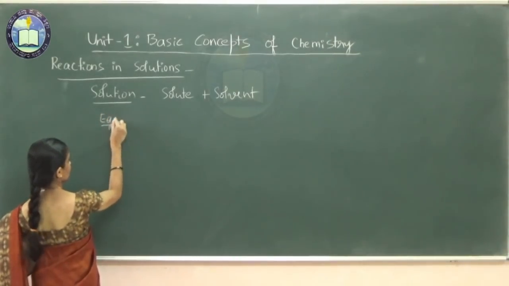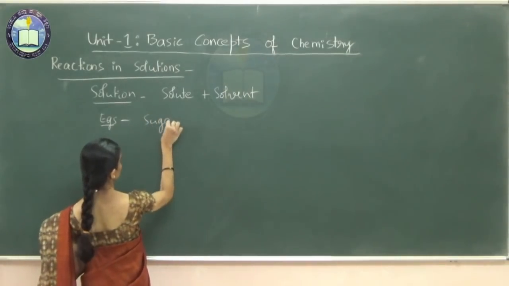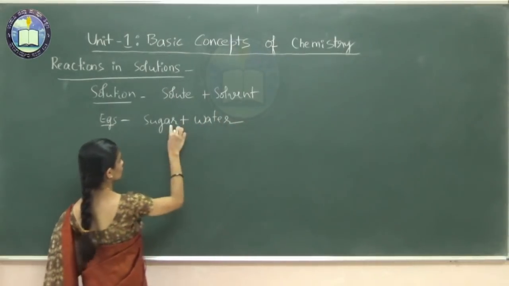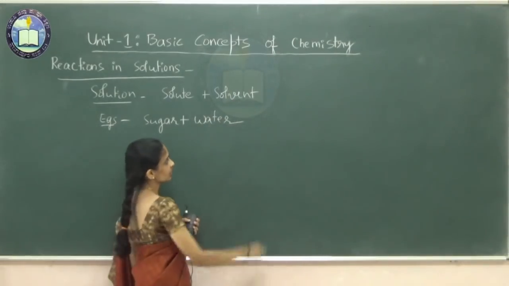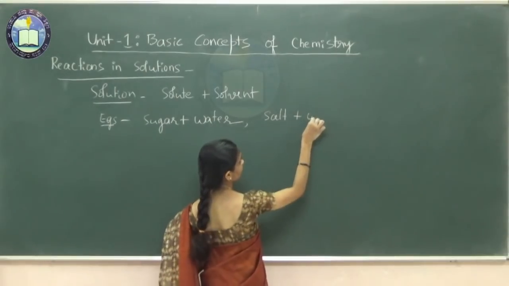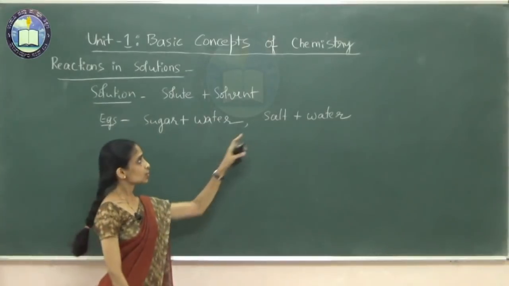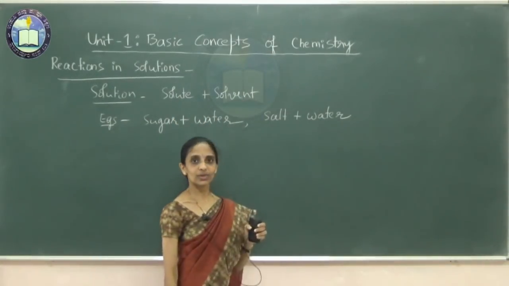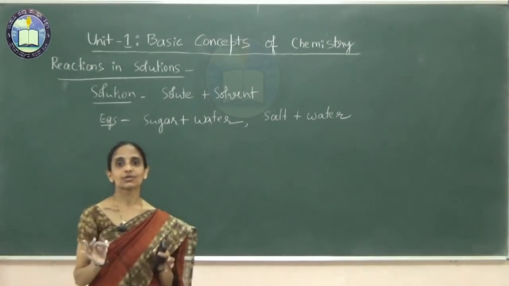You have many examples for solutions. Sugar dissolved in water. Sugar is the solute, water is the solvent. Salt dissolved in water. Salt is the solute and water is the solvent. So, these are examples for solutions.